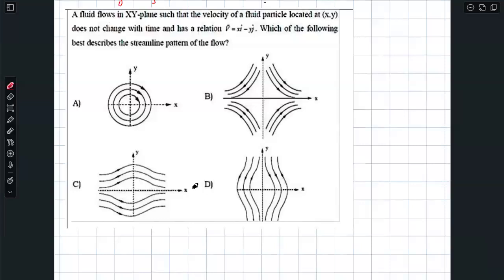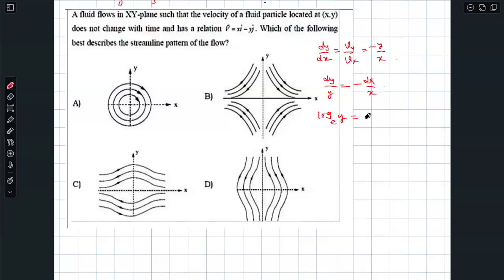Liquid flows in the XY plane such that the velocity of the fluid particle located at x, y does not change with time. Okay, fine. Same concept we have done just now. Slope dy by dx is Vy by Vx, which is minus y by x. dy by y is minus dx by x.